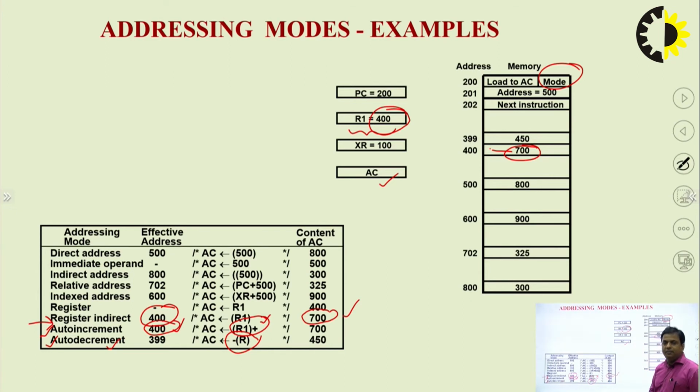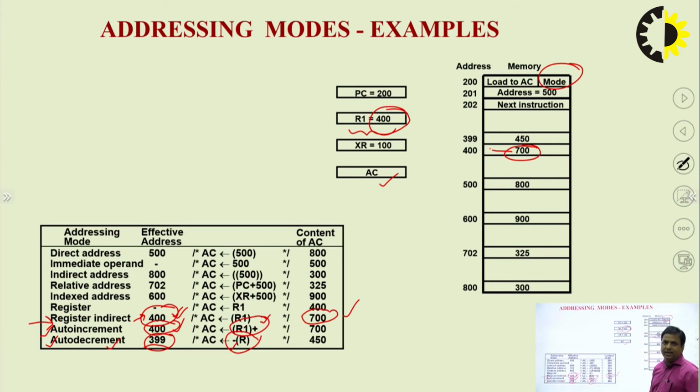First decrement, and in post increment, first use and then increment. So here this is 400, so there will be no change because this is a post operation, and in decrement this is decremented first. So in case of decrement, it becomes 400 minus 1.